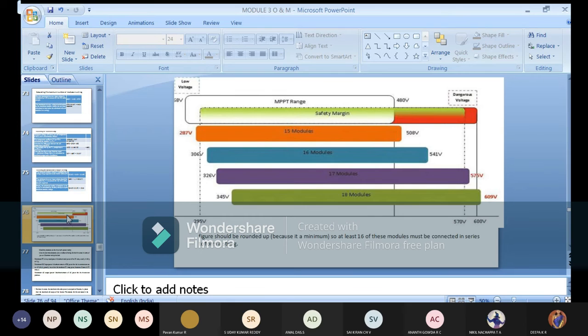So you can consider the diagram here. So you can see same cases, 15 module, 16 module, 17 module and 18 module. So we are lying in between this 15 and 17. Okay, so 15, if you take, it is reaching the lower case. Okay, so I cannot prefer this. Similarly, 16, of course, it is working under a healthy condition. You can take this. Similar way, if I go for 17, as per our say 16 point something, it was there, right?